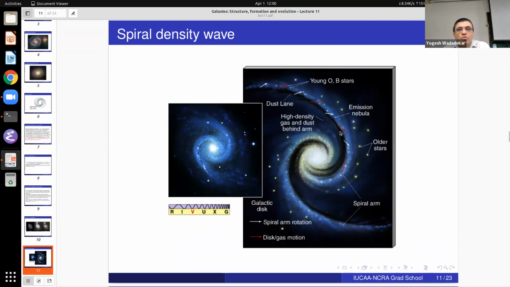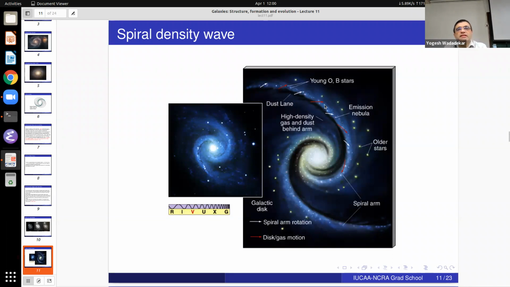In that frame, it is going to encounter incoming stars and gas, flowing towards the spiral arm, and they are going to be pulled in faster because of the gravity of the stars in the spiral arm. So what is going to happen? There's going to be some amount of compression of the gas and dust as it approaches the spiral arm from this side, and the stars are going to form there. Right? And what is going to happen?